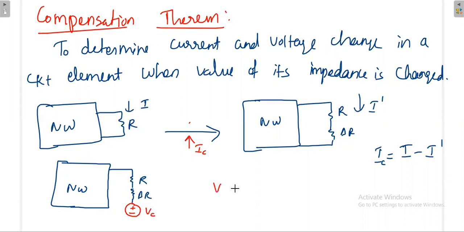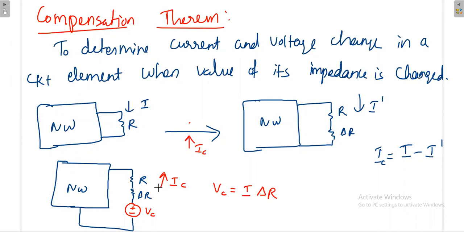What is the value of VC? The value of VC is equal to I times the change in resistance, delta R, and the current will flow in this direction, IC. One important thing: when you do this calculation, you are finding only the opposition current, the change in the current, delta I. You are not finding I dash.